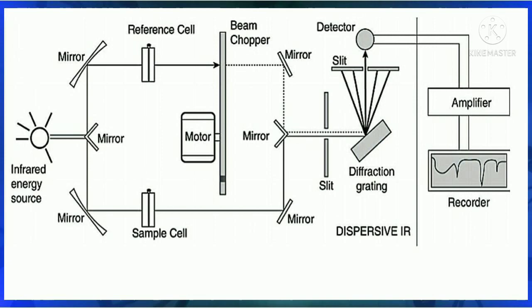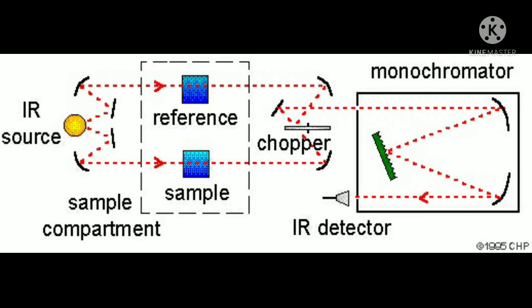Well, now you must all think that if there is an IR source, then there must be some criteria for why we need to select this thing only as an IR source. Well, in order to select a radiation source, we need to keep certain things in mind. Like in winter season, we wear woolen clothes. Why? Because it will give us warmth.